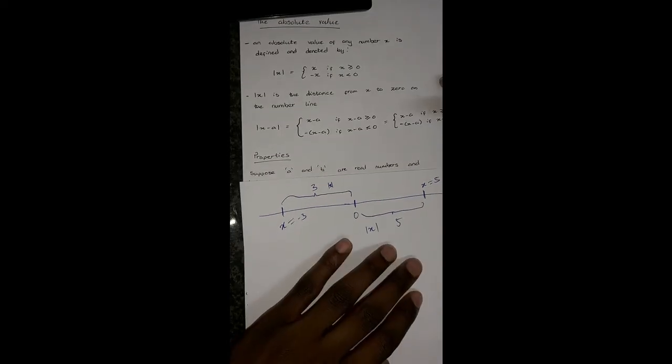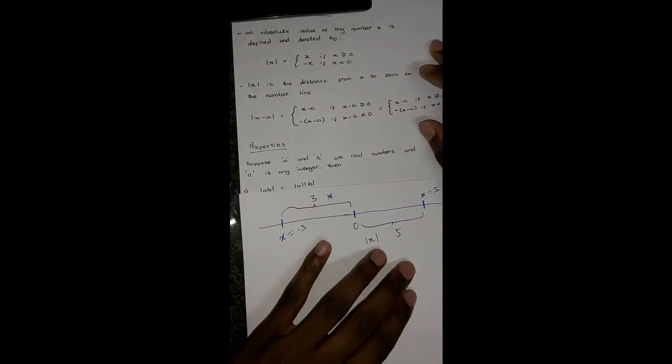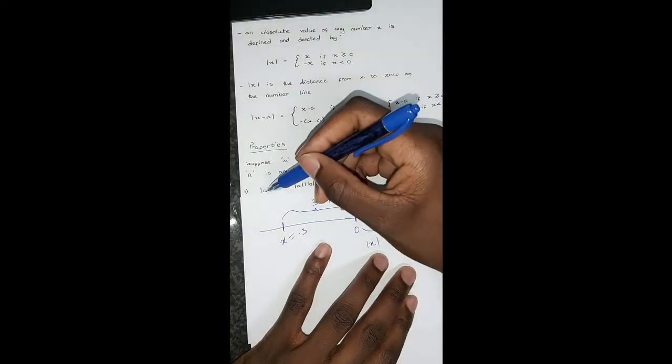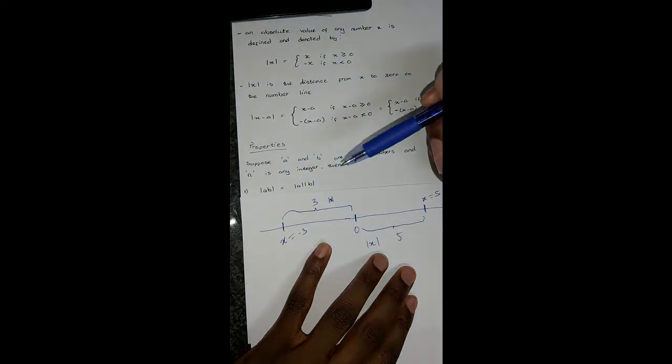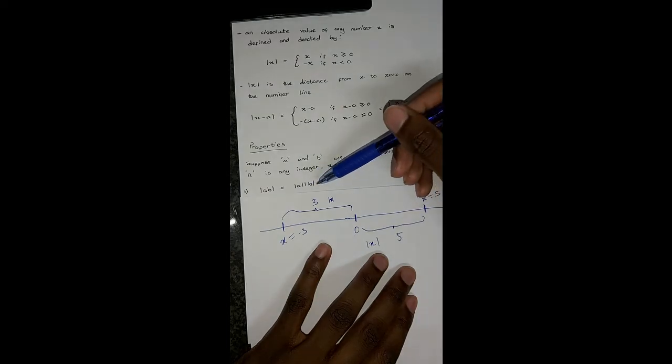So next on, we're going to look at the properties of the absolute value. So suppose a and b are real numbers and n is an integer. Then our first one, the absolute value of a times b is equal to the absolute value of a times the absolute value of b.